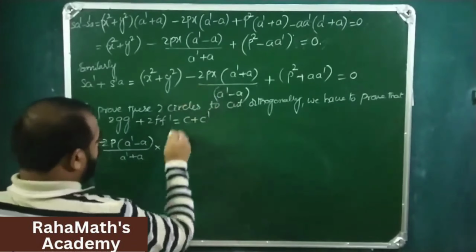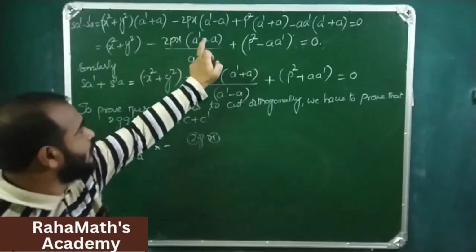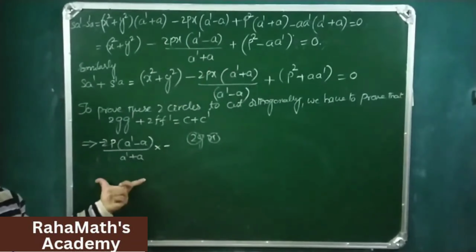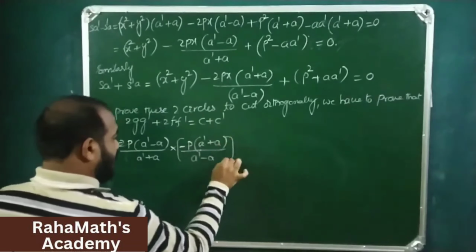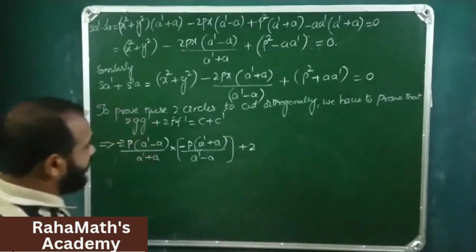G can be compared with 2gx, then g is equal to p into minus a dash minus a by a dash plus a. So 2g g dash is minus p into a dash plus a by a dash minus a, plus 2ff dash. F here is 0, since there is no y coefficient, and f dash is also 0 here.